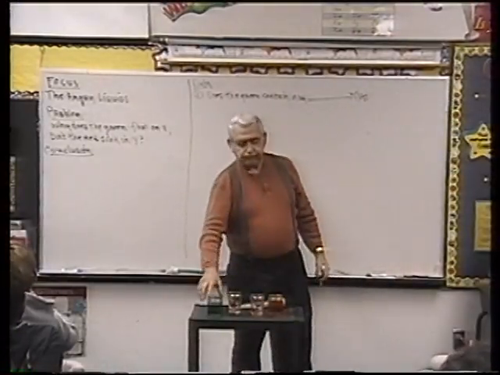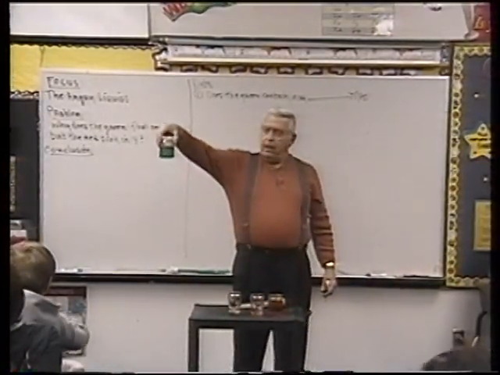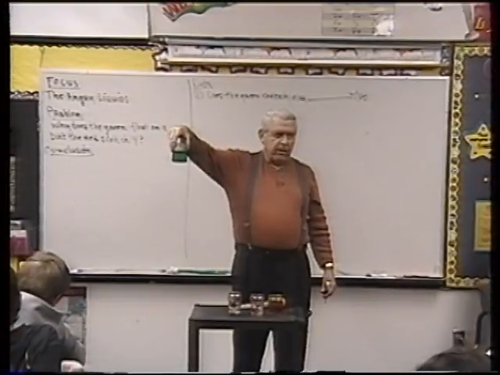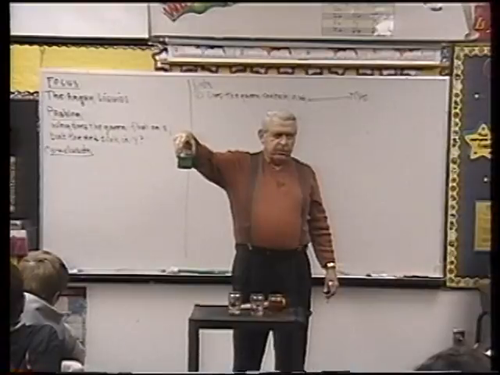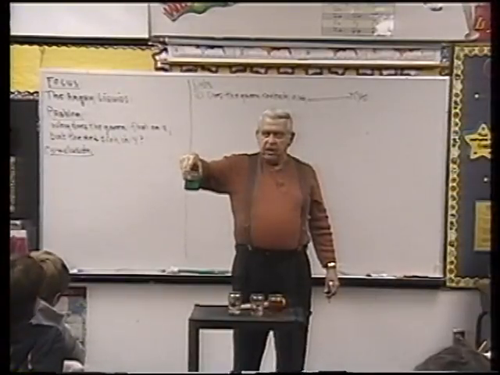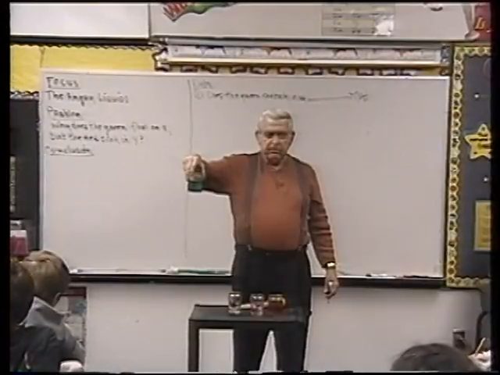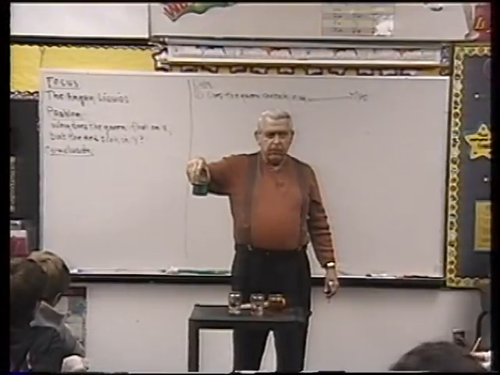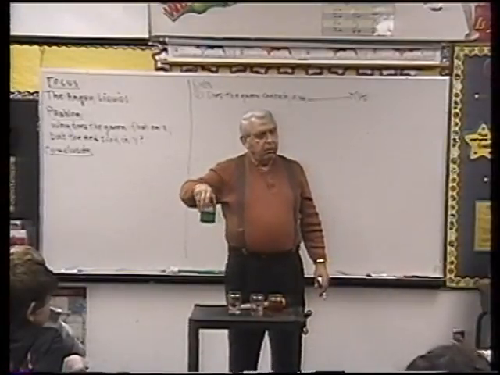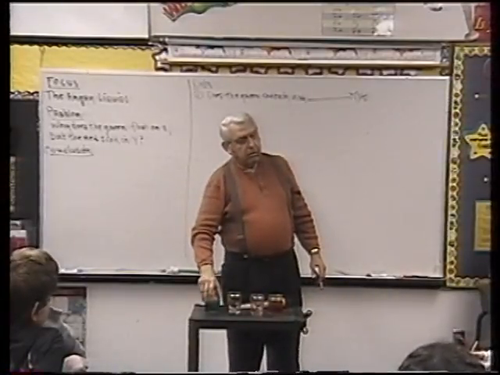Now I'm going to give you a clue about something that's in the green. A substance I put in the green is the substance that we program our planetary space probes to look for when we send them to other planets. What's the main thing that we program our planetary space probes to look for?